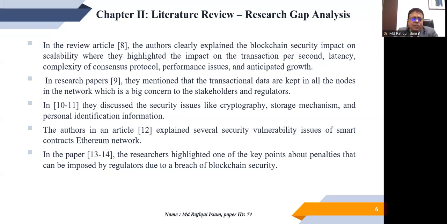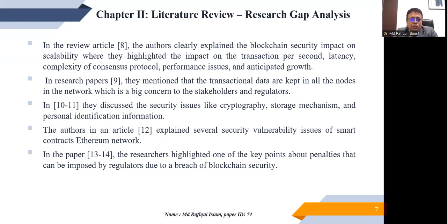Most of the security research papers show researchers are very concerned about security vulnerability issues, smart contract issues, and network security issues. They also pointed out that if there are security breaches, the regulator can impose financial penalties. All the stakeholders are concerned about that.